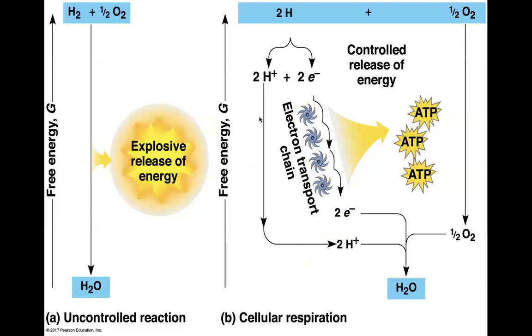However, through the use of the electron transport chain, we can transfer and move these electrons through the transport chain, harvesting the energy at each step to eventually maximize our production of ATP molecules. We have the same overall reaction of hydrogen being bonded to oxygen to form water. However, we have optimized the ability for the cell to extract and make ATP molecules.